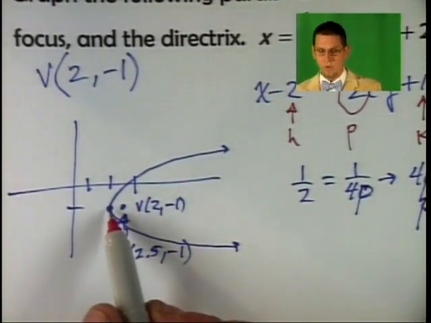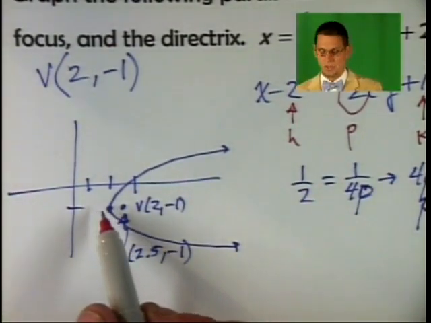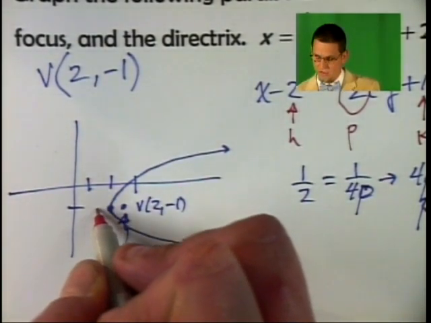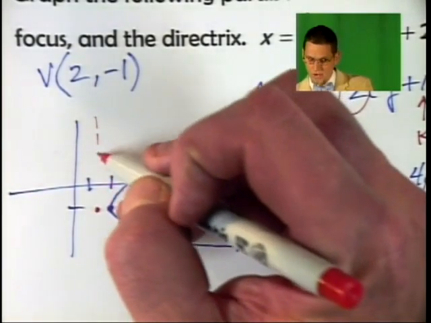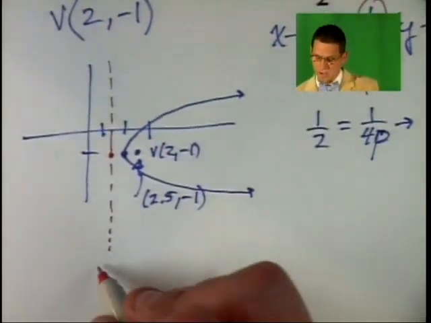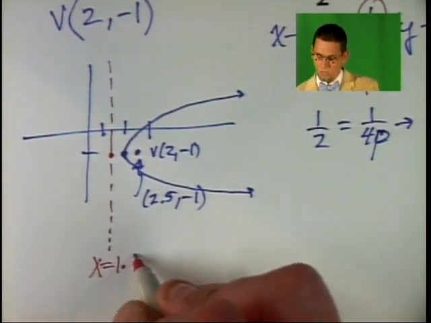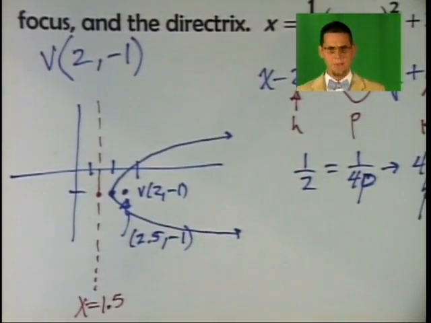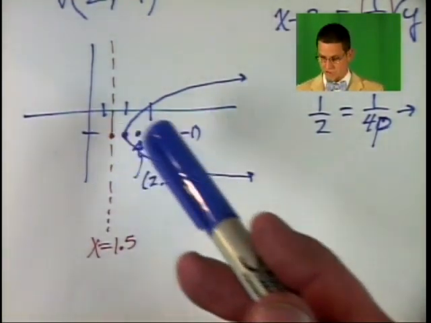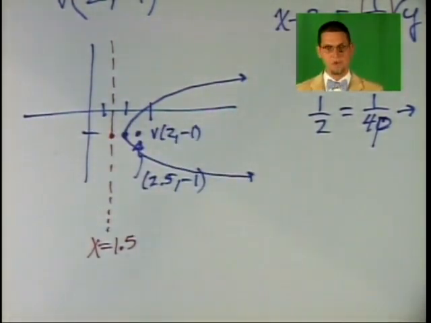And it's going to be a 1/2 unit behind, in this case, of the vertex, which is going to be right there at 1.5. And if I just draw a vertical line going through the point 1.5, I'll go ahead and label it x equals 1.5. Okay? And there's a nice little sketch of the parabola, showing the vertex, labeling the focus, and the directrix.